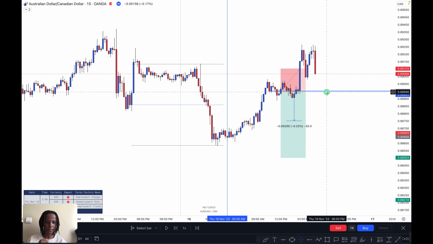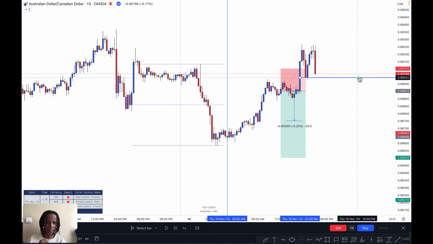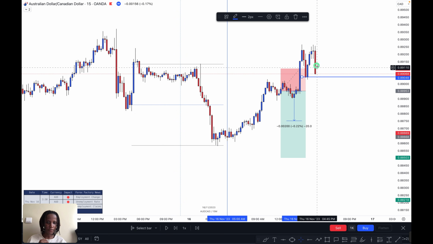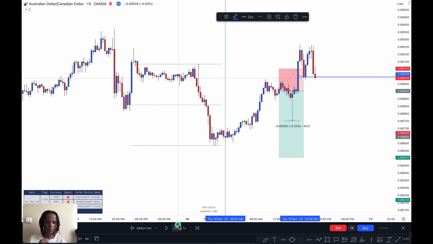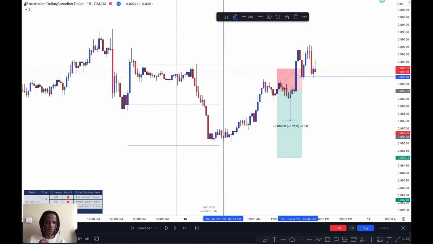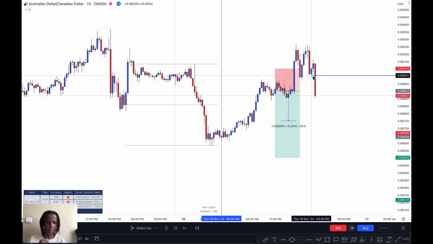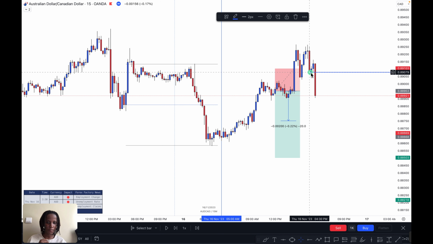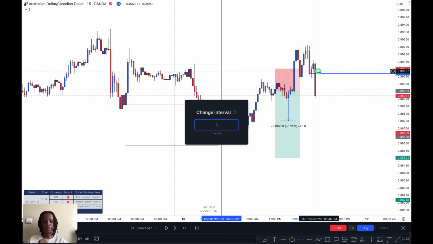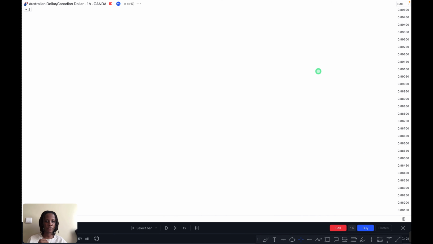Our neckline is somewhere here. Let's move this so that it can be clear. Here, we're looking forward for it to come down and see if it will close down there. Okay, it's creating another M pattern because we have up, down, up. Let's wait for a down. Okay, we have that down here. Our neckline is no longer here, it is up here. This is our neckline.